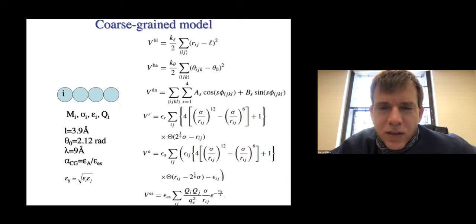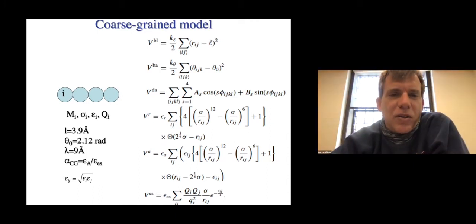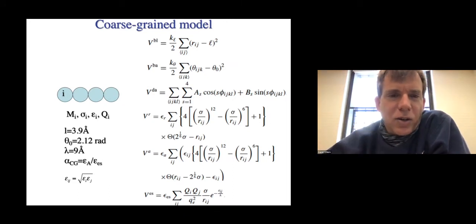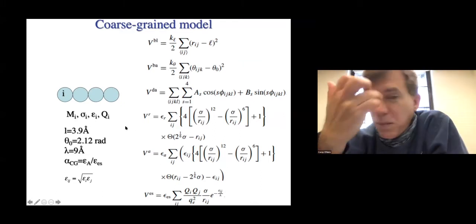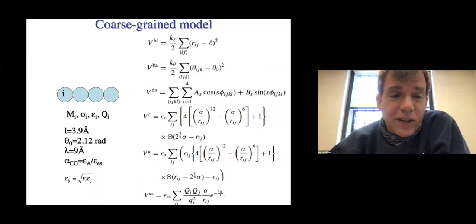And I need to develop a model that can basically recapitulate those inter-residue separations. And so in this lecture, I'm mainly going to talk about the coarse-grained model, where I'm modeling every amino acid as a single spherical monomer.